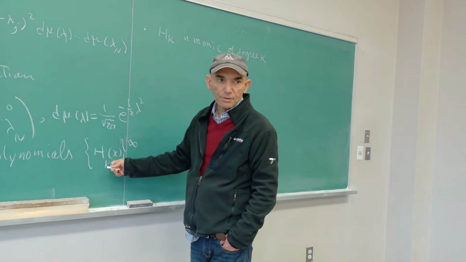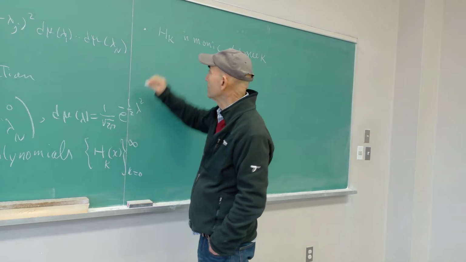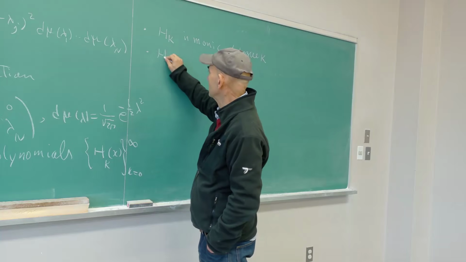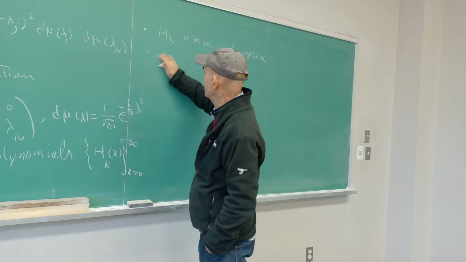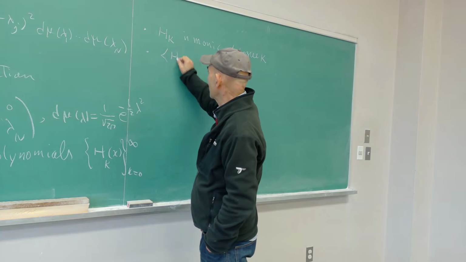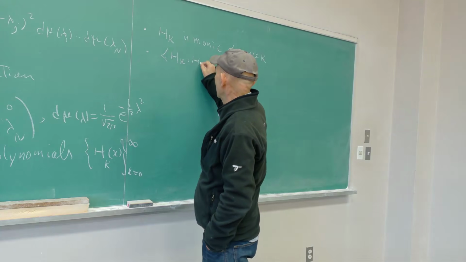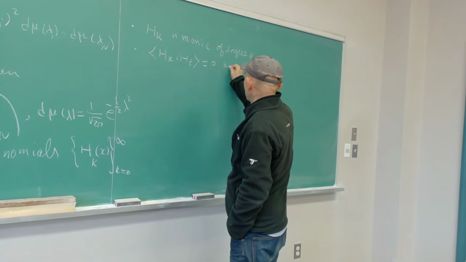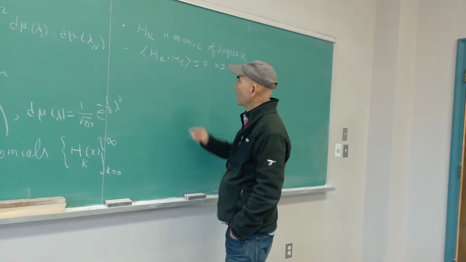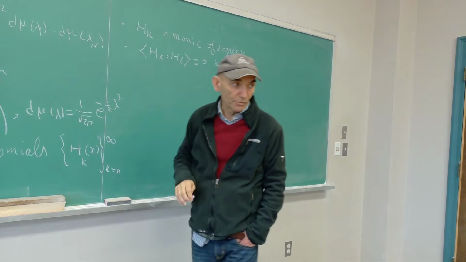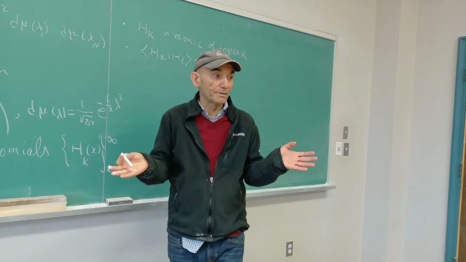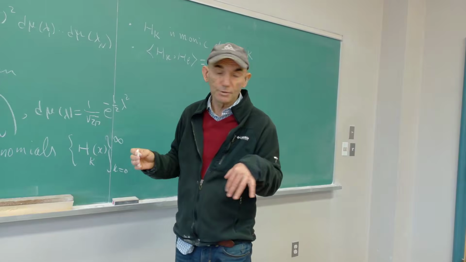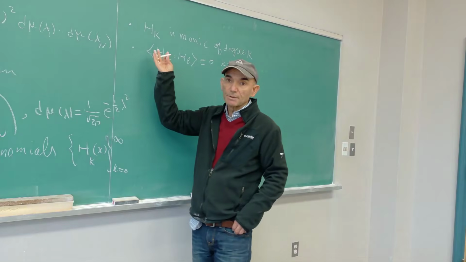The second property was that they are orthogonal to each other. The inner product of h_k and h_l is equal to 0 for k different from l. Well, for this inner product you have to be careful. It is with respect to the Gaussian weight, not with respect to the Lebesgue measure, because polynomials are not even integrable with respect to Lebesgue measure.